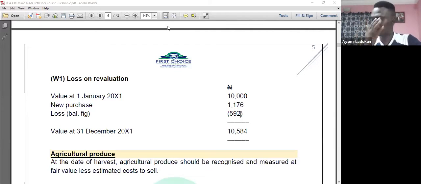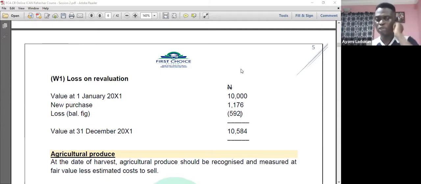Number 1 is production quotas. Naturally, production quotas, you apply IAS 38, that's intangible assets. Production quotas, you can't really see them, but it's a kind of document that contains agricultural information.